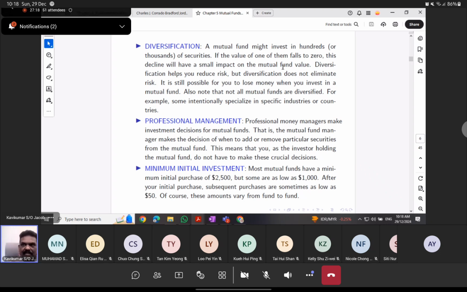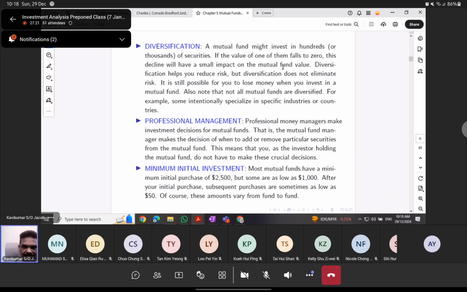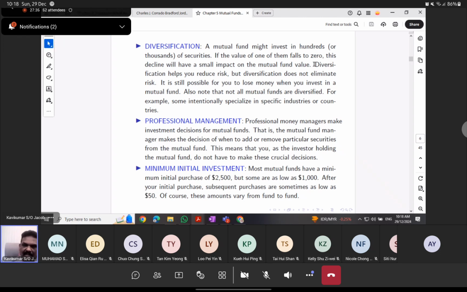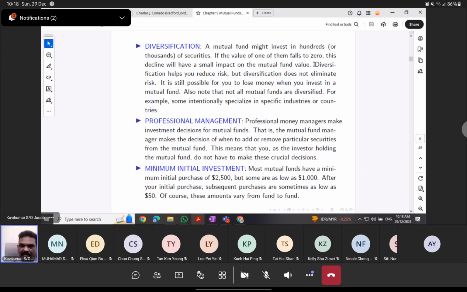Suppose we invest in different securities and the value of one of them falls to zero, then what? The value will decrease. In other investments, whatever you invest, when you get it back it is not profitable. We will lose some of our money. So diversification helps you to reduce risk.